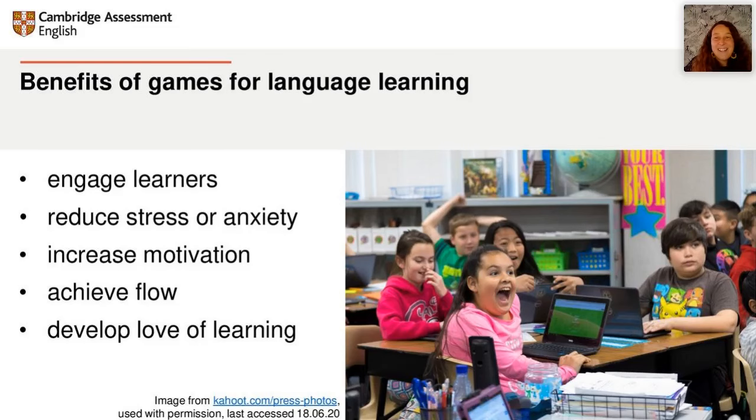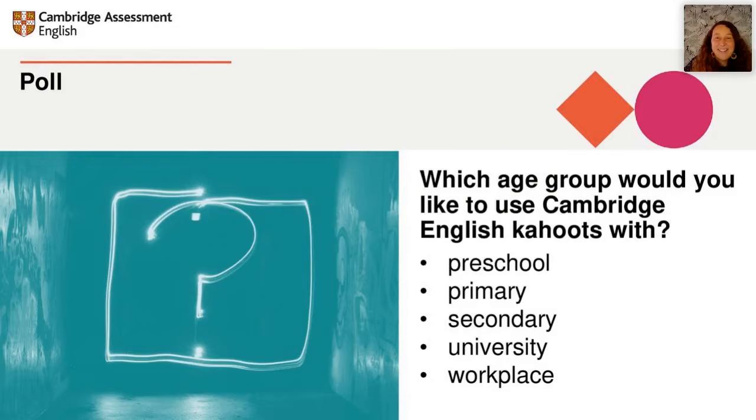So I'm going to ask you another question. I've got another poll here. Now that we've thought about Kahoots a little bit more, it would be great to know which age group you would like to use Cambridge English Kahoots with? Tell us in the poll. The examples we've looked at so far are for young learners, but you can play Kahoots with any age group.